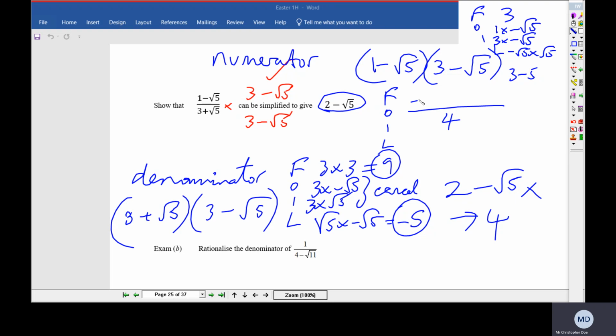Actually, I got that wrong. I made a mistake. That should be a minus 2? You make it minus 2? No. The middles is minus 4 root 5.